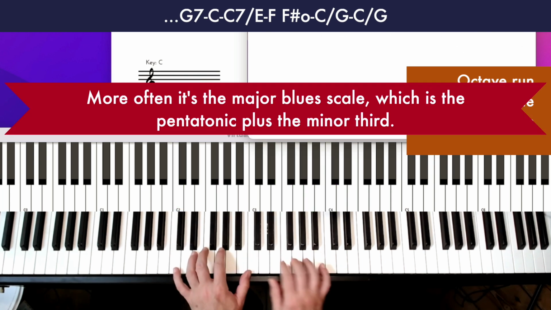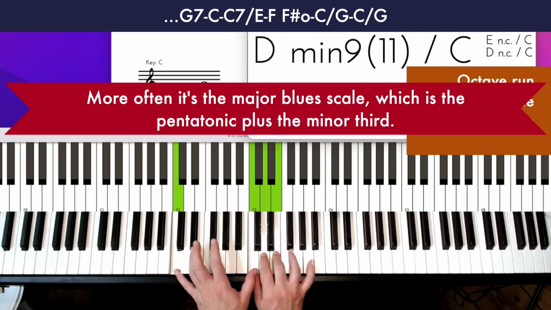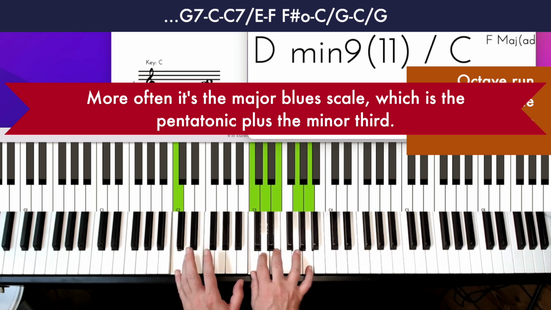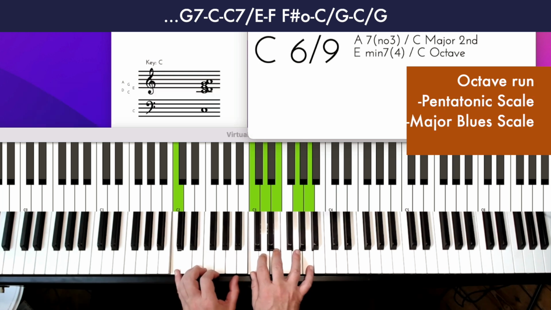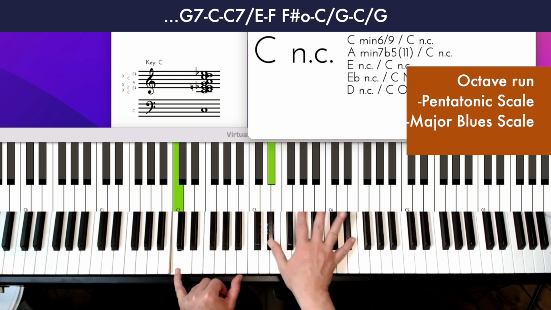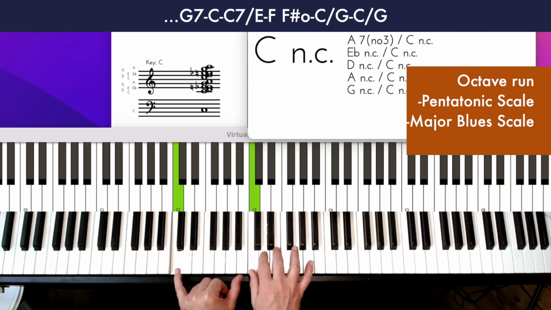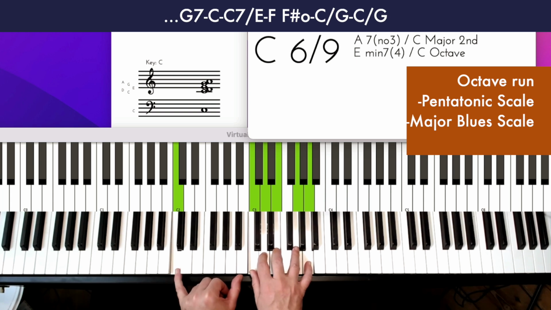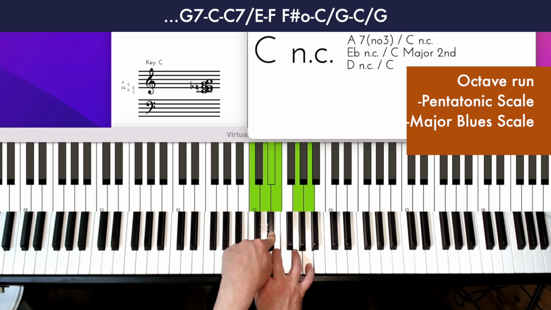Here. Major pentatonic of C is, and two few fingers. That's the major pentatonic. And we use the E flat also. It would be called the major blues scale, but you can also say major pentatonic plus the minor third.